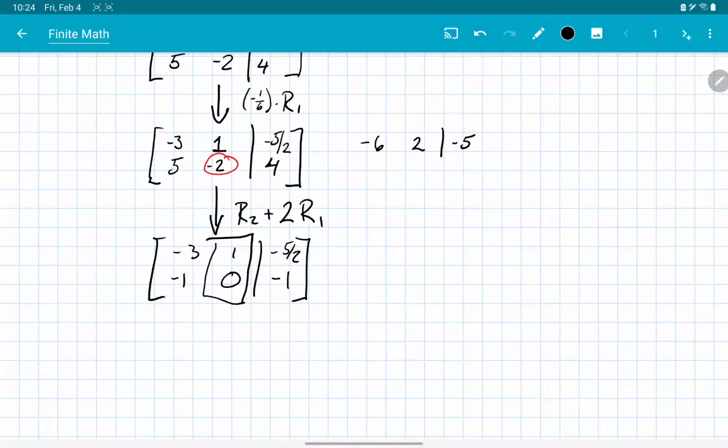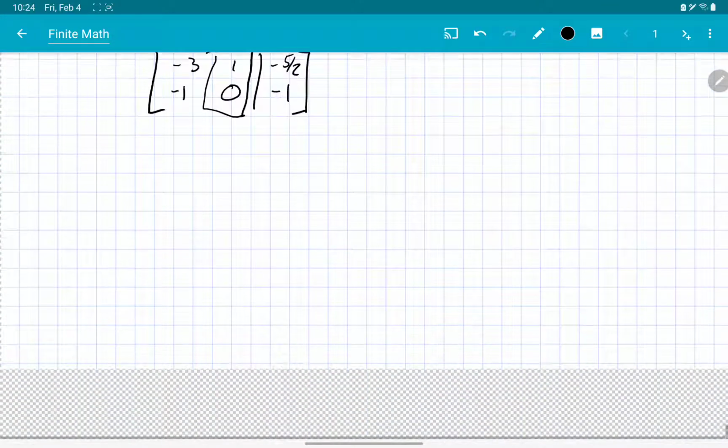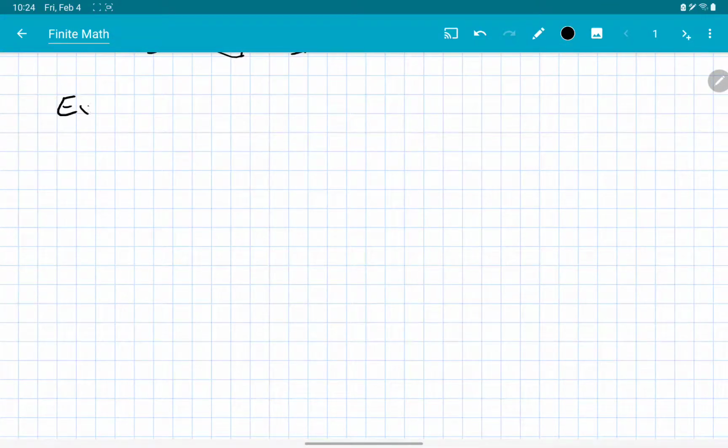Okay, so now let's take a look. I said there's going to be situations that don't get us down to that diagonal matrix with ones in the diagonal and zeros otherwise when we do the Gauss-Jordan elimination steps. So let's take a look at one of those and try to figure out what it means when things go slightly differently. So here's an example.